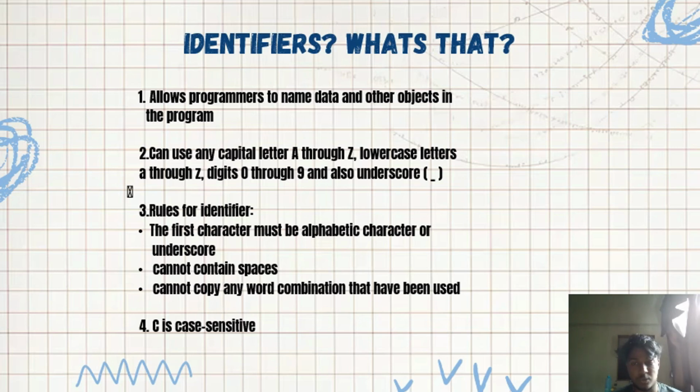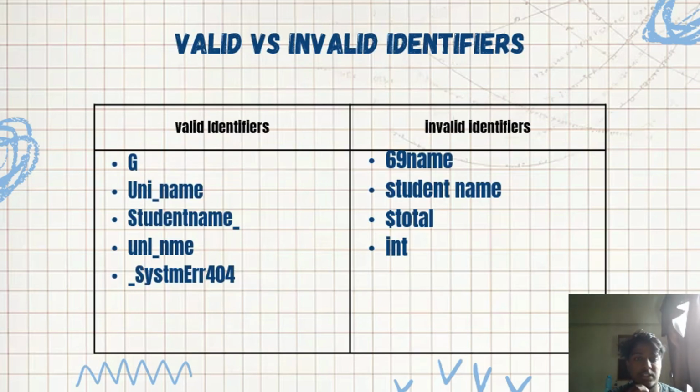Lowercase of a certain word, uppercase of the same word, or the same word with an underscore could have different meanings. Next slide. These are some valid identifiers and invalid identifiers that we cannot use in the C language.